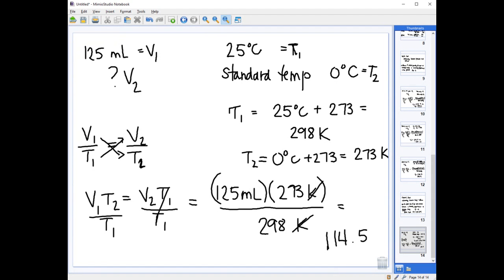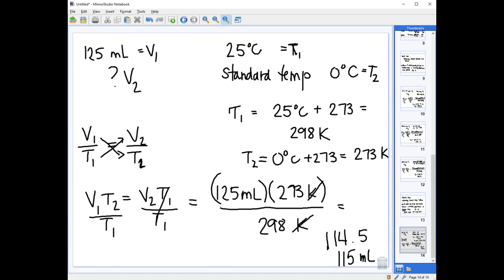So I would use 3 significant figures because my volume has 3 significant figures, and when I convert my temperatures, they also have 3 significant figures. So I'm going to use 3 sig figs here, and so my answer is going to be 115 milliliters.